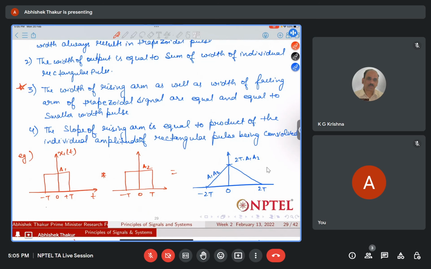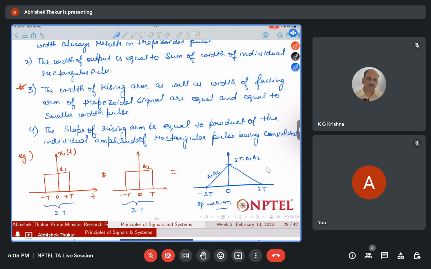Let's suppose in this example, it is from minus T to T, so the width is 2T. Here also the width is 2T. So the output width will be the sum of the widths of the input signals: 2T plus 2T, so the output width will be 4T.